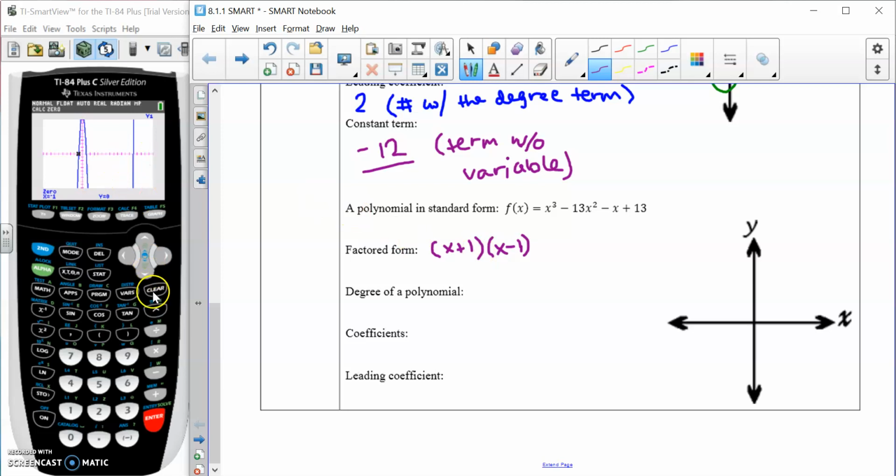Now for this one, let's just go ahead and do our second trace menu again. Go to 0 and play the left-bound, right-bound game. Just go until you can see your cursor show up anywhere to the left of your intersection. Alright, so the cursor's struggling a little bit here, but this is going to be on the left.